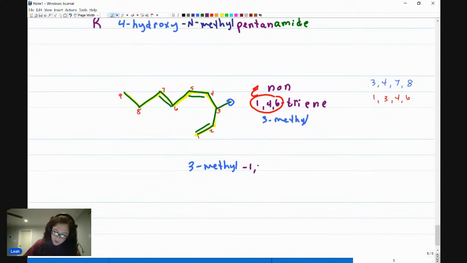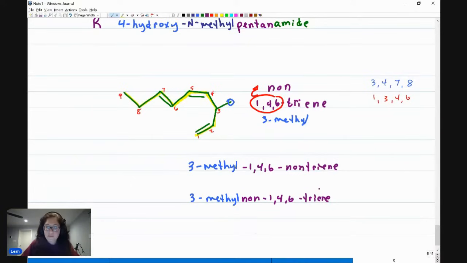So that would be 1, 4, 6, non, triene. Another way that you can do this is 3 methyl, non, 1, 4, 6, triene, like that.